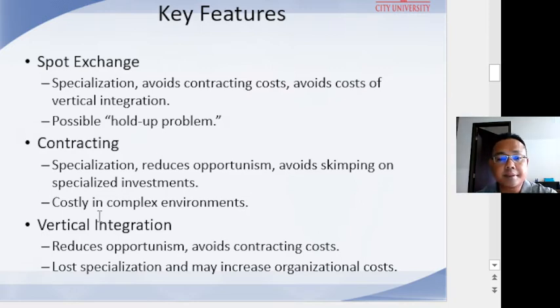Okay, and then vertical integration reduces opportunism and avoids contracting costs. So you have your own workers and your own fleets to service your car rental. Then there is loss of specialization and it may increase organizational cost, because you have to develop your own service workshop, for example, and then maintain your workers and train them.